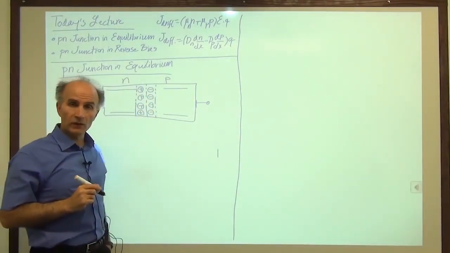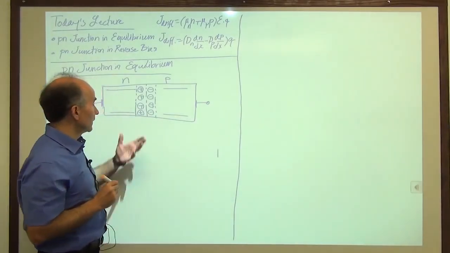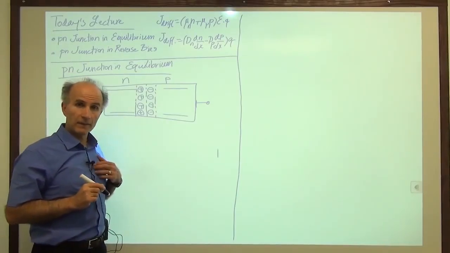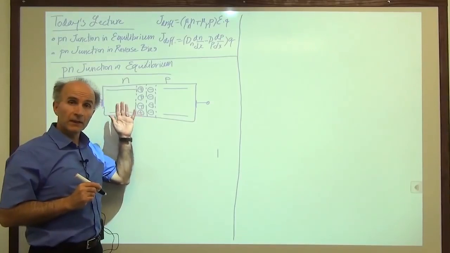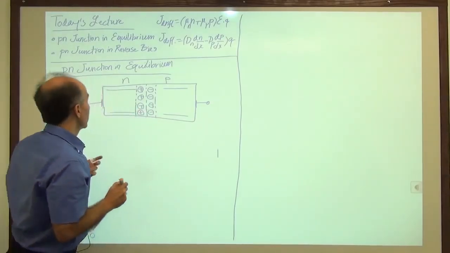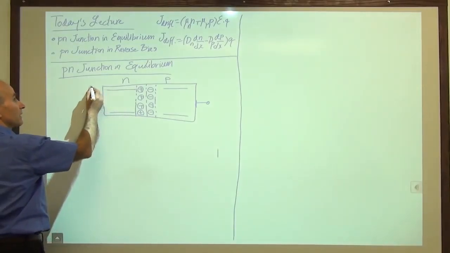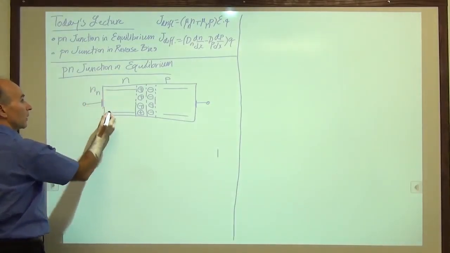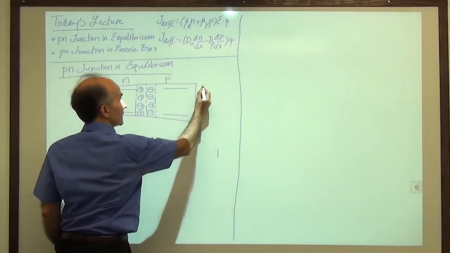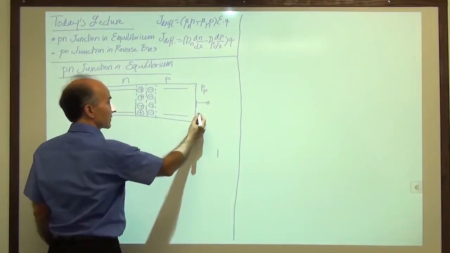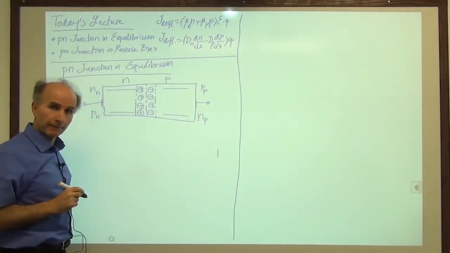Okay, so that's good. Now we would like to find the properties of this device in the form of some equation that tells us when this current flow stops. Now I would like to remind you that the density of electrons on this side is n sub n, holes p sub n, and on this side p sub p for majority carriers and n sub p for minority carriers.